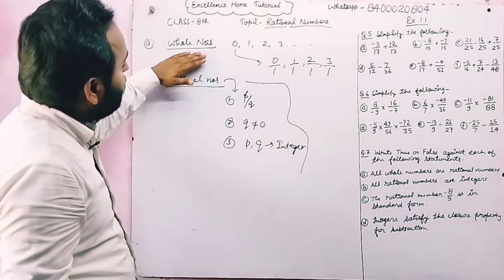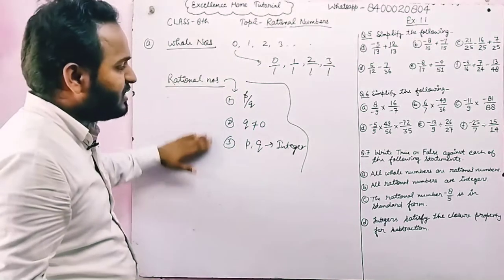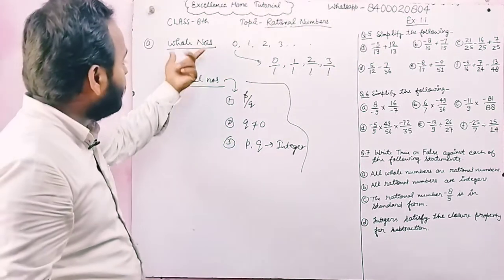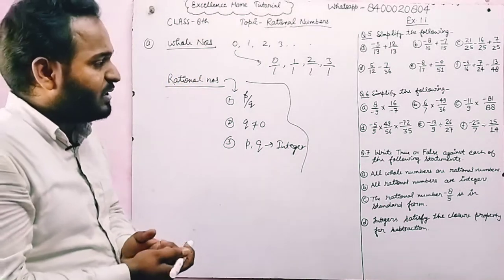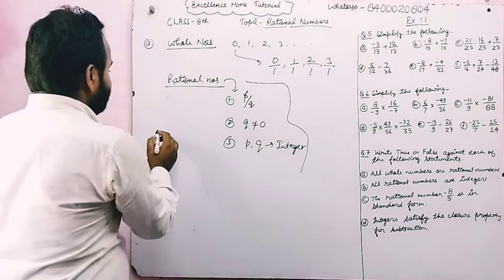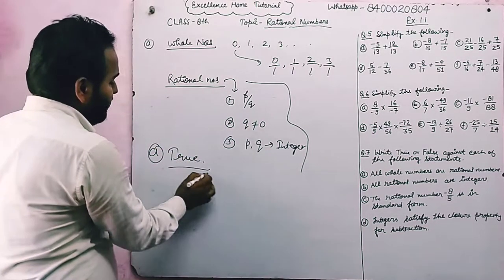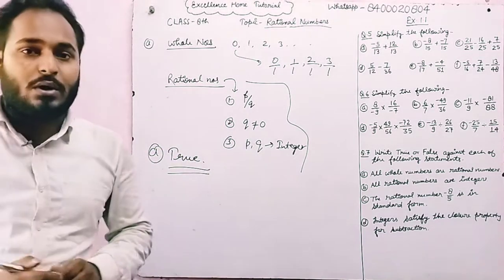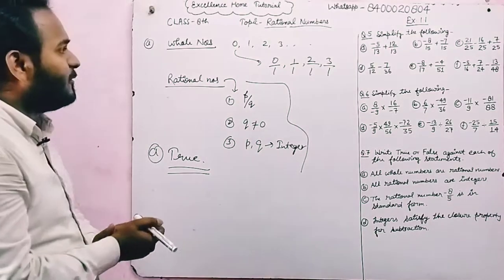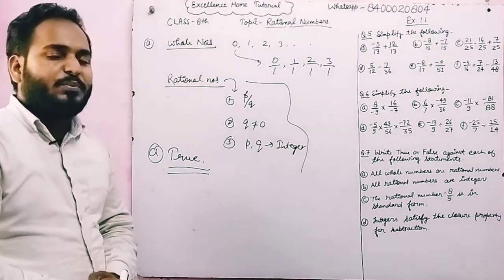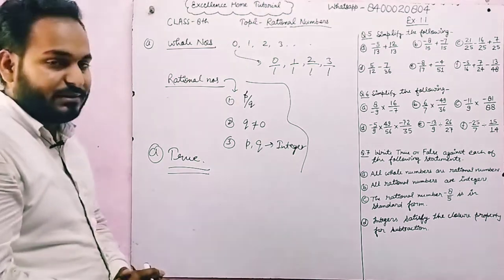So whole numbers are rational numbers. So section A is true, because all whole numbers are written in the form of P by Q, Q not equal to 0, P and Q being integers.